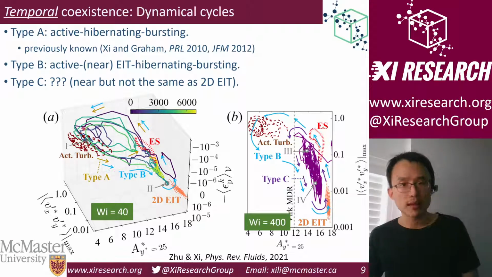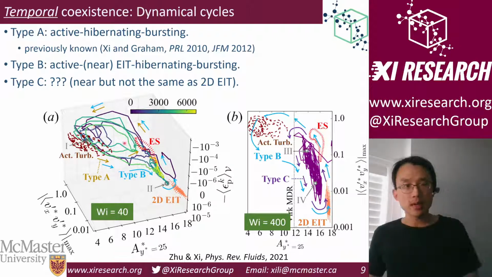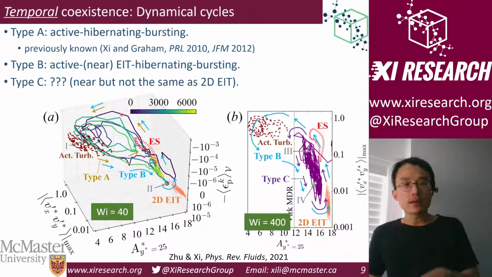You visit this so-called active turbulence, which is a state that is dominant in Newtonian turbulence. But you escape active turbulence and go to the region closer to the edge state, which is on the laminar-turbulent boundary, and come back. This type A cycle was previously known as the active hibernating bursting cycle that has been reported for about 1 year up to now. What we find new here is the type B cycle, which is coexisting in the same space here.